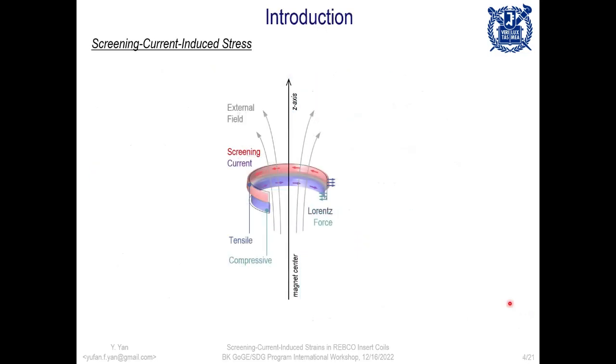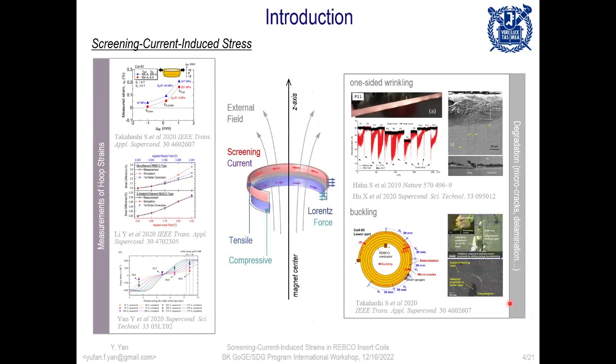Following this work, it also inspired several researchers into the characterization and mechanism of the coil deformation caused by the screening currents, especially in high field applications. On the left, we have studies with direct measurements of the hoop strains, which confirmed the consistency between the screening current distribution and the hoop strain distribution.